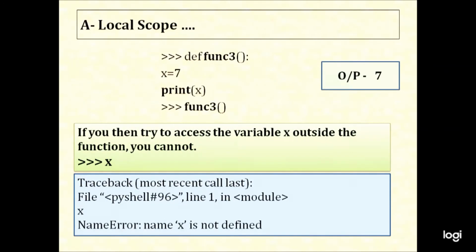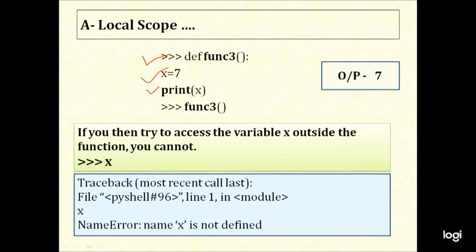See this example. This will explain you very clearly what is local scope. Suppose in a program you define the function 3, and variable passed here x equal to 7, means x is a local variable. You can use inside the function only. So print x, function 3. This is the calling part, function 3.